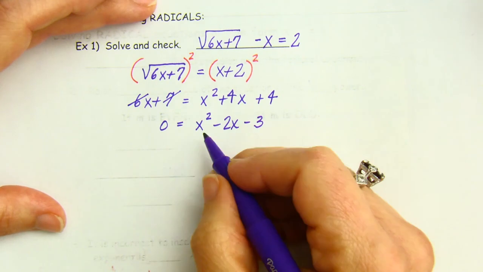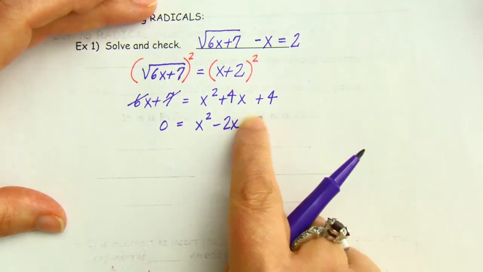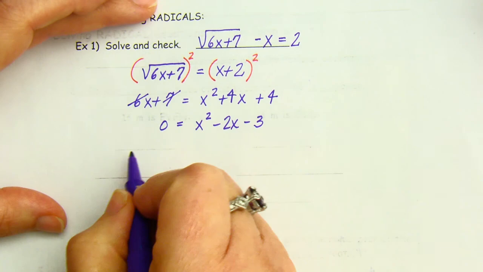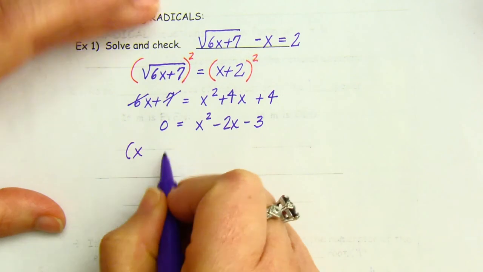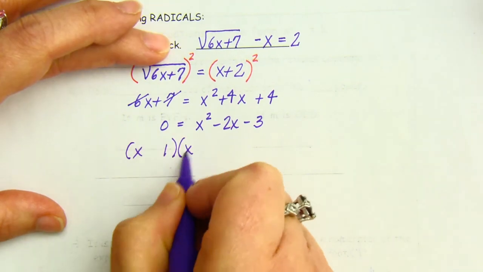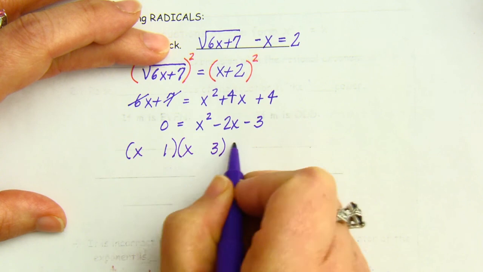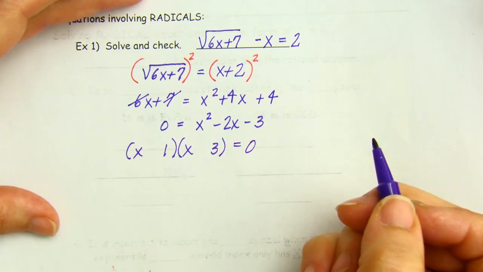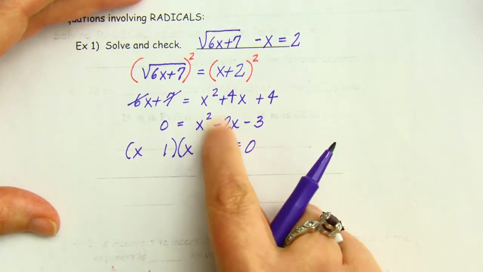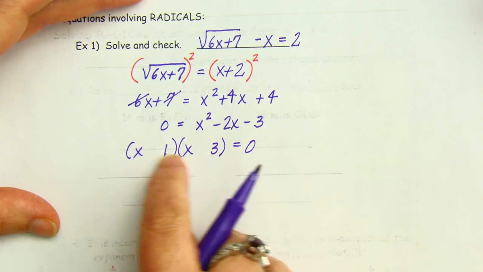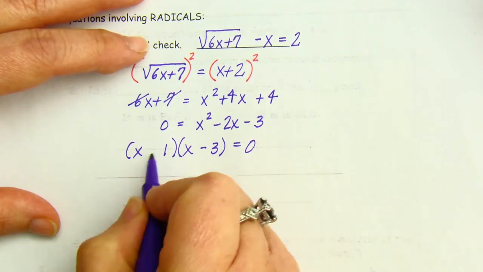All right, when I factor this, multiplies to 3, subtracts to 2. Well, that's 3 and 1. So that's going to be x, 1, x, 3. I'm just switching sides. I like my 0 on the right. The signs are different. The larger product is negative. Well, 3x would be bigger than 1x, so that's got to be negative and that's positive.